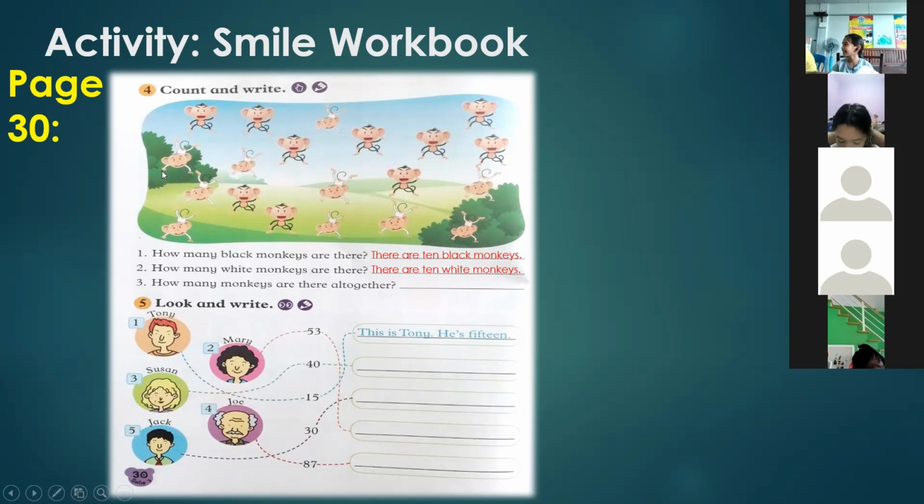If we have 10 black monkeys and 10 white monkeys, if we add them together, 10 plus 10, how many? It is 20. Very good. There are 20 monkeys.